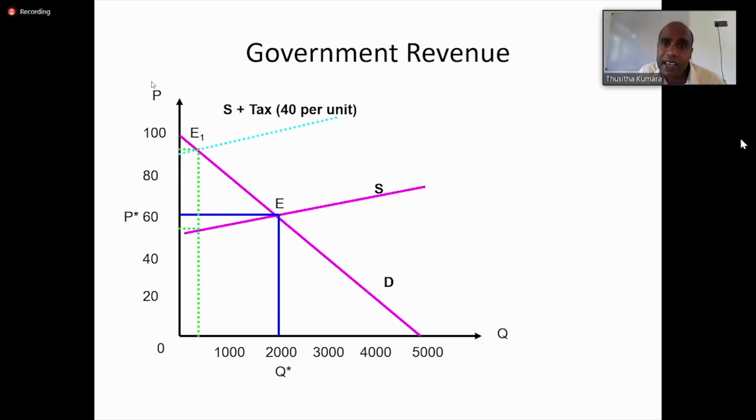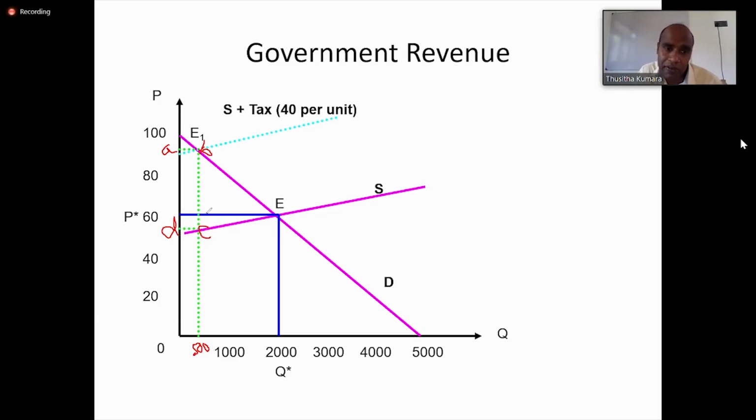We can easily get that, because let's say we have point A, point B, point C, and point D. And this is, I put 500. Now, if I ask you to calculate the total tax revenue, what do you need to do? So first we had demand and supply.